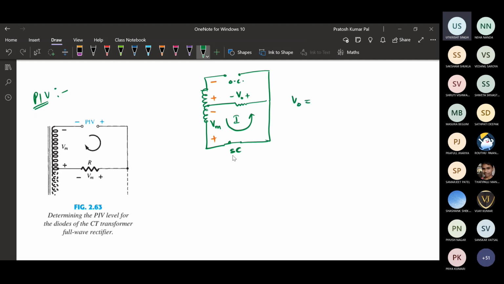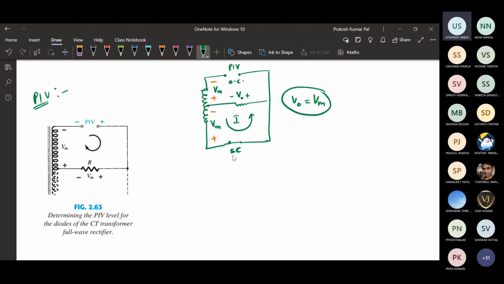So V output here, because of this current flowing, will be Vm. Also here we have applied Vm in the negative direction, and here we need to find the PIV. This is how the PIV concept is applied here.